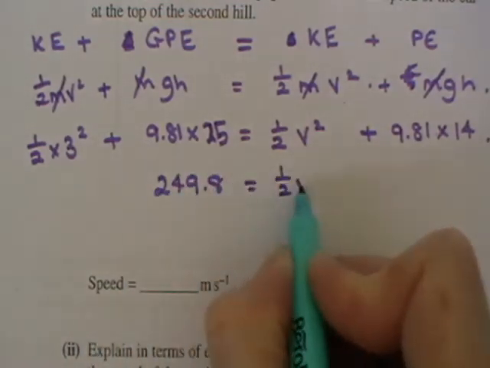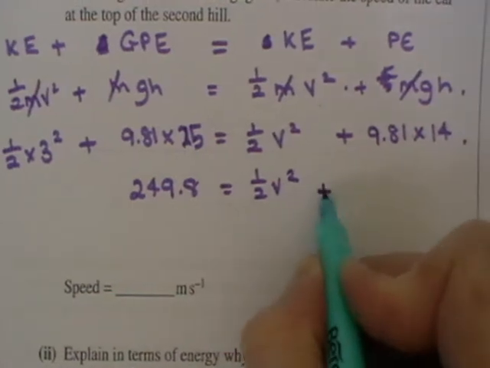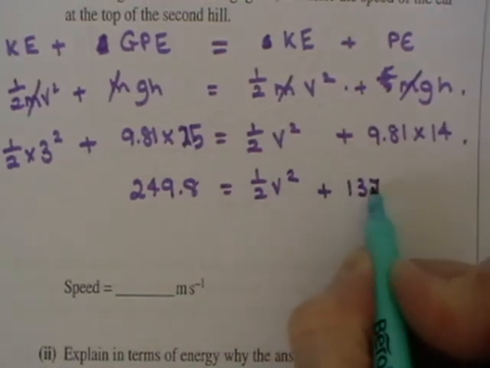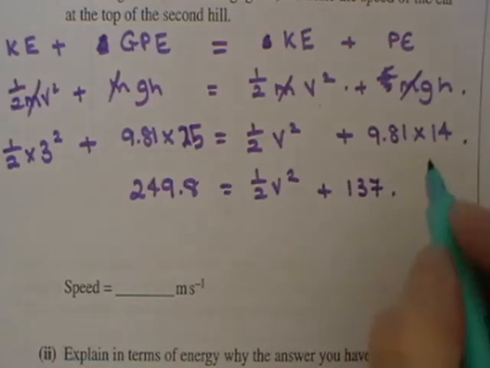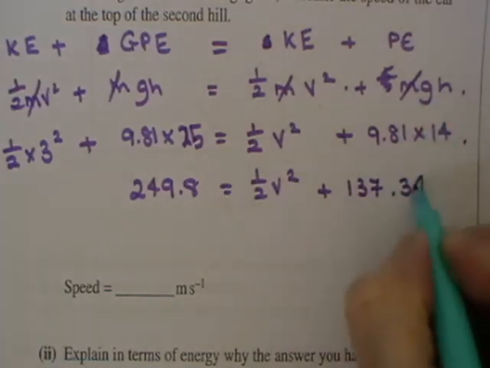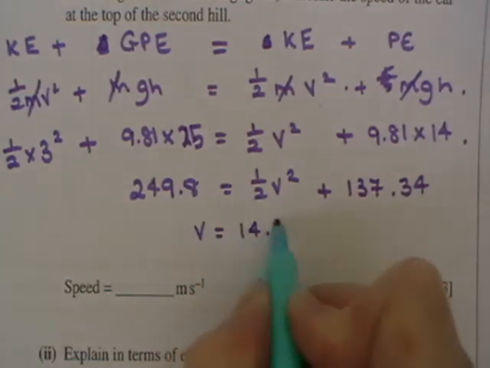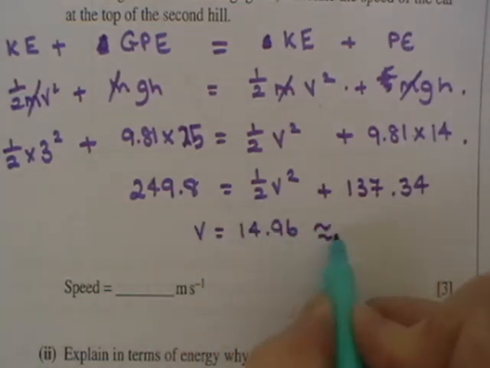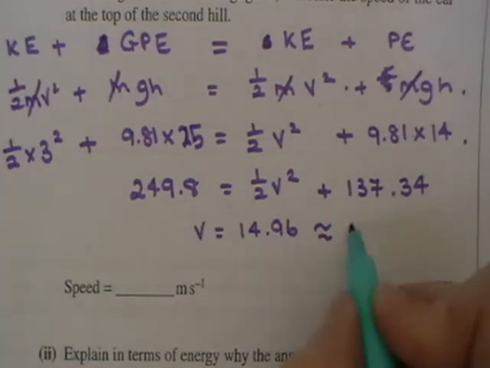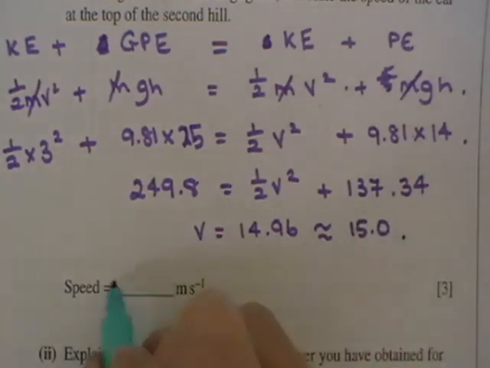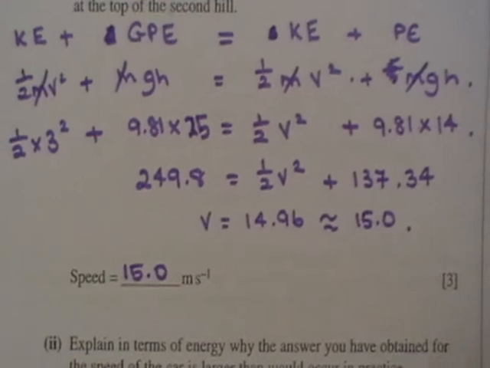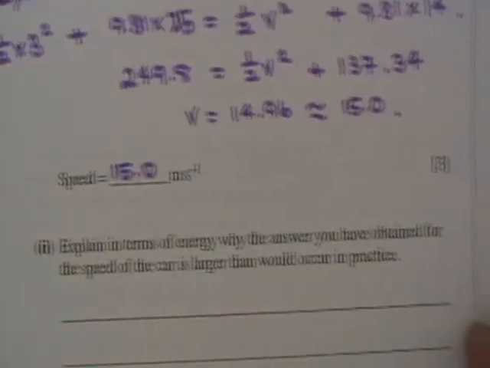That's equal to half v squared plus 137.34. And so v comes out to be 14.96, or rounded up to 3 significant figures, 15.0. So it's 15.0 meters per second, or meters seconds to minus 1.